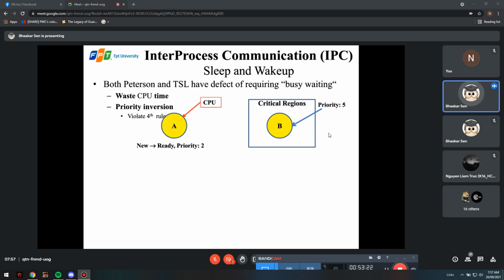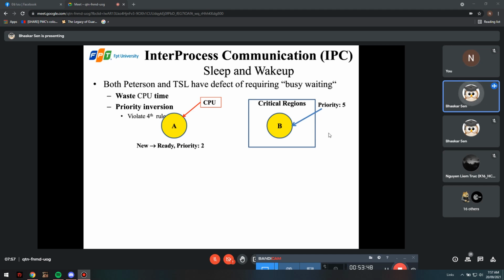That can create a problem if you follow this algorithm by strictly implementing these sleep and wake up calls. So there could be a priority violation. That's what they're talking about.